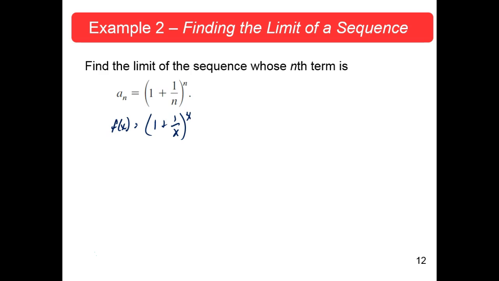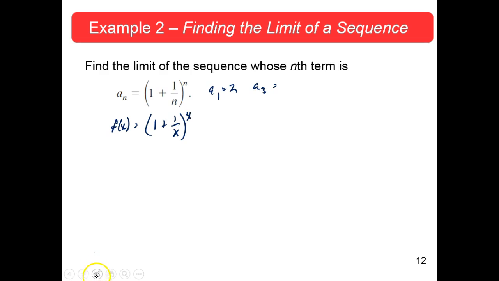So let's plug in the number 1. 1 plus 1 over 1, that would be 1 plus 1 is 2. 2 raised to the first power is 2. So a sub 1 is 2.